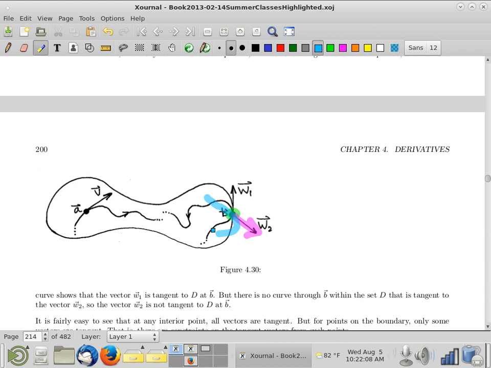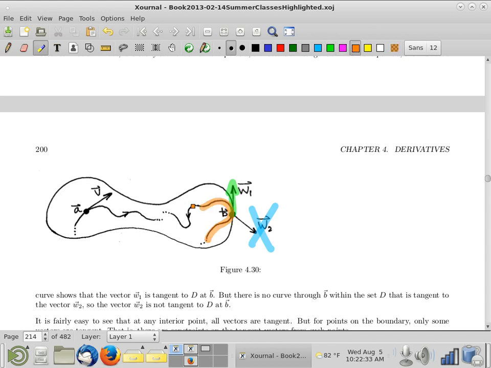It would have to hang over the edge at least a little bit. You just can't do it. So W2 here, not a tangent vector. Now W1 is, that's fine. No problem. Right? You just have to go through that point.